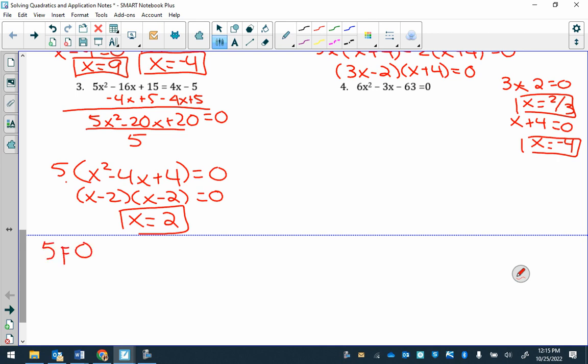No. So it's a great question because it does come up. Since this is a numerical value, we're not going to have an extra solution. If, say, this was 5x we took out, you would then have to set that equal to 0 as well. Does that make sense?